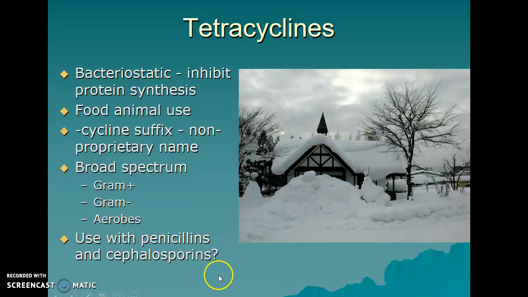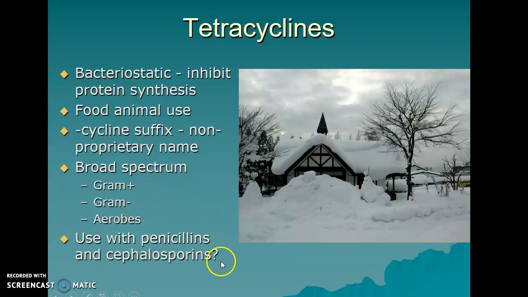So, little review question. Could we use these with penicillins and cephalosporins? If you remember back to talking about them at the very beginning, they need to have a growing population of bacteria. So if we add a bacteriostatic type drug to the protocol, and the reason why we would do it is we might want more of this gram-negative activity than the penicillins or cephalosporins have.